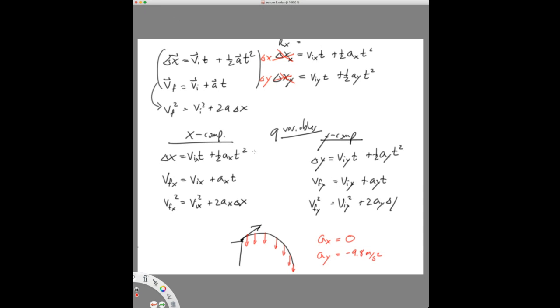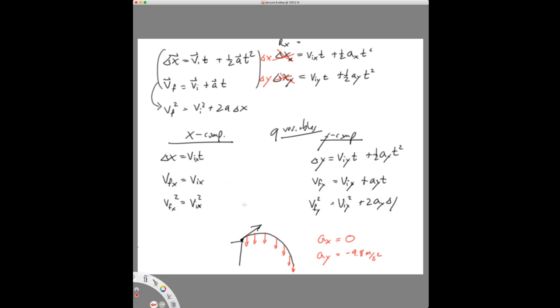Okay, so here's the magic trick. I'm putting my eraser tool on, and anywhere I see an AX, I just erase the whole thing. Because if AX is 0, and I'm multiplying stuff by 0, that stuff is 0. Okay, it just kills it.